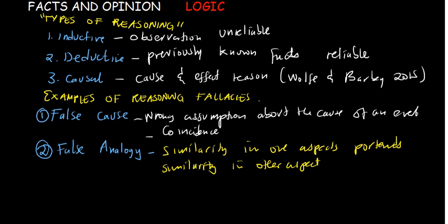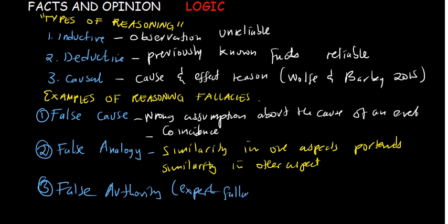Now there is also false authority. Okay, let's look at that false authority. That is the third one. When you talk of false authority, this is also called expert fallacy.